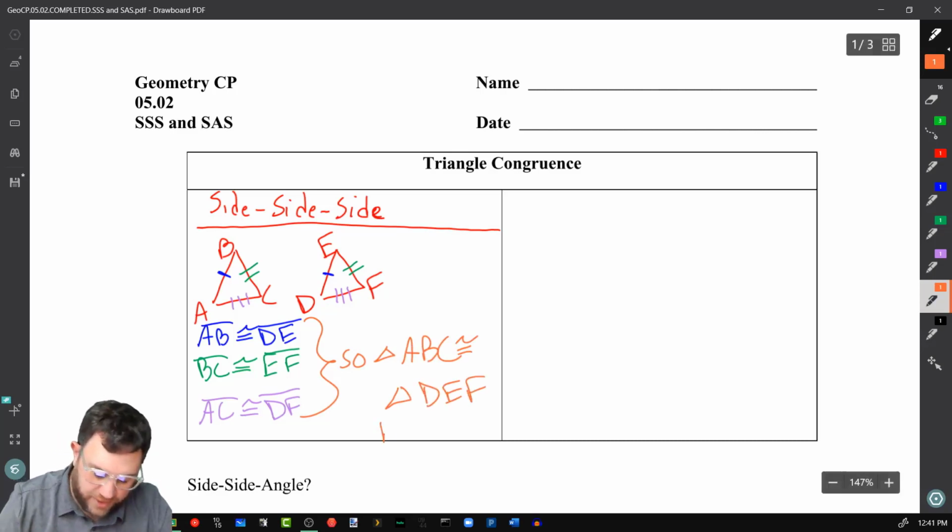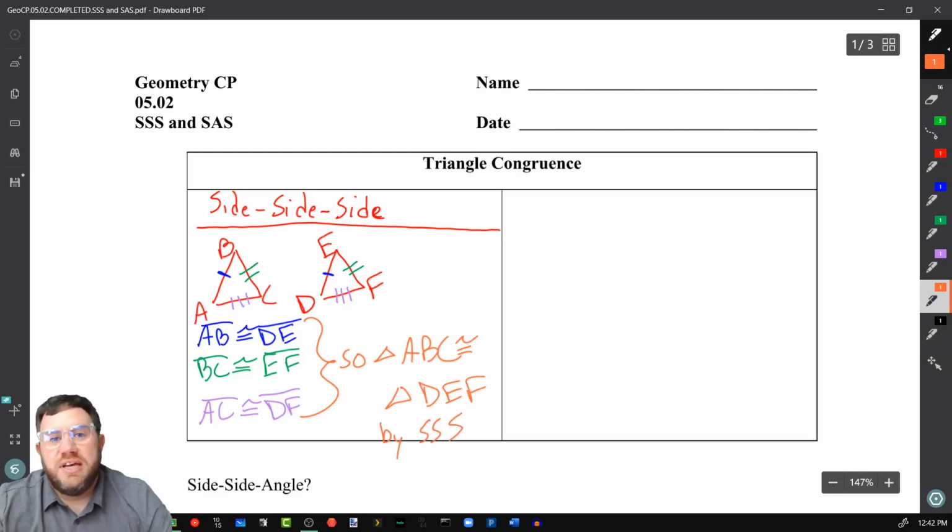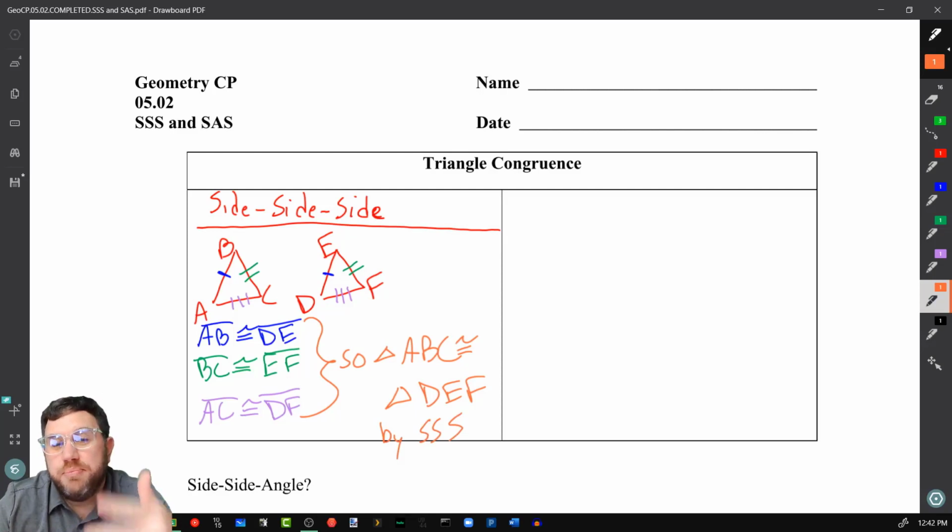And our reason for that would be by side, side, side. So if we have 3 pairs of congruent sides, that's what we need for side, side, side.